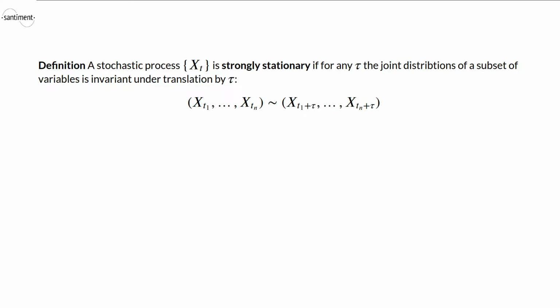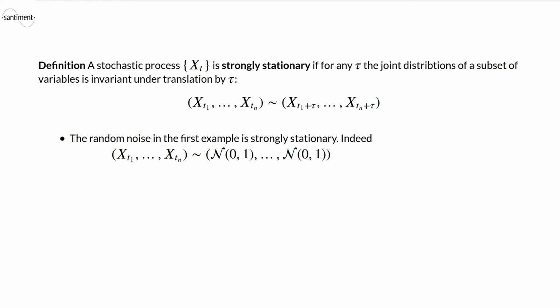This is actually a very strong statement, but it's useful. There are many statistical methods that work better on stationary processes. There are other definitions of stationarity, but there's no need to talk too much about that. So just to give you an idea.